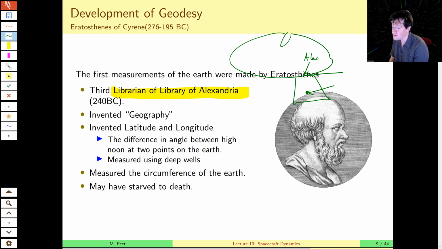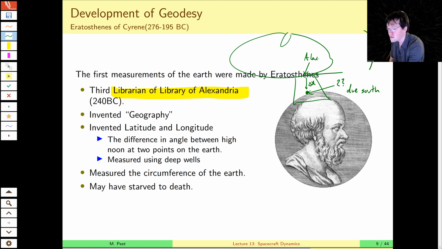I don't know how he measured the distance, but he measured the distance from Alexandria to that colony, which was more or less due south of Alexandria, right along the longitude line.